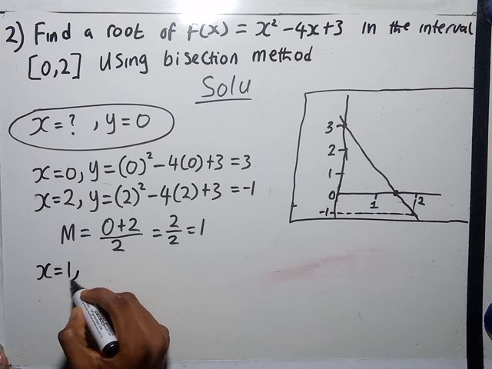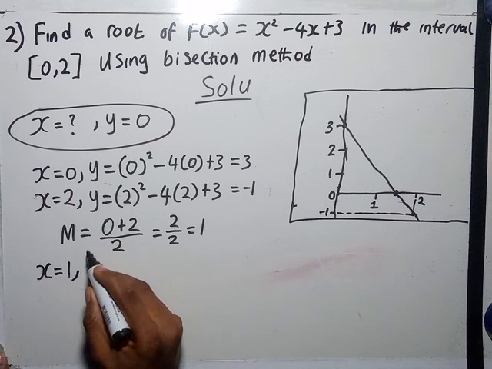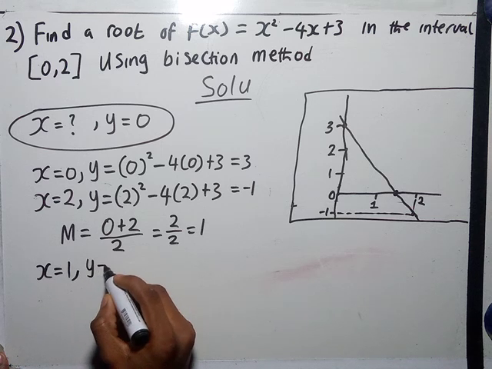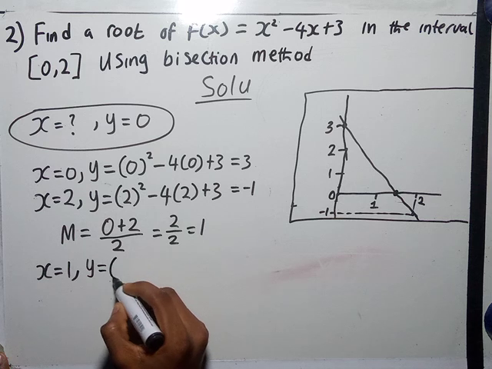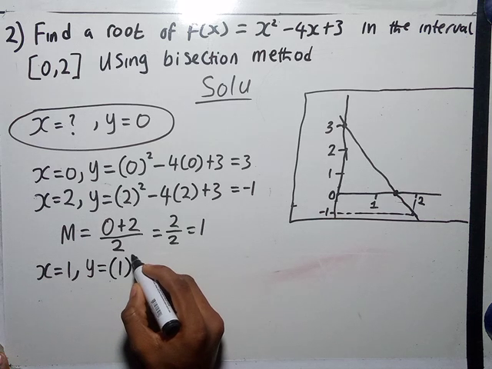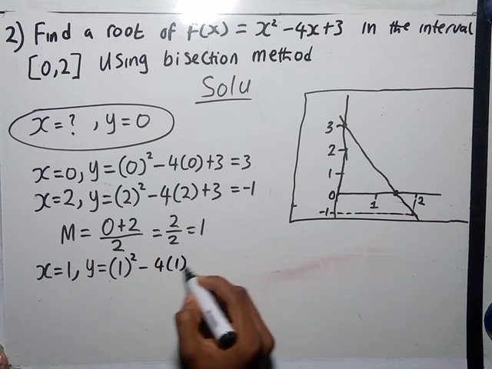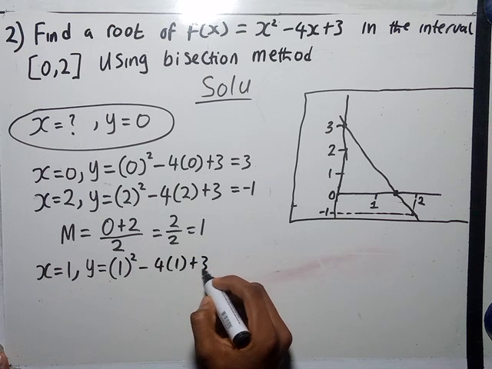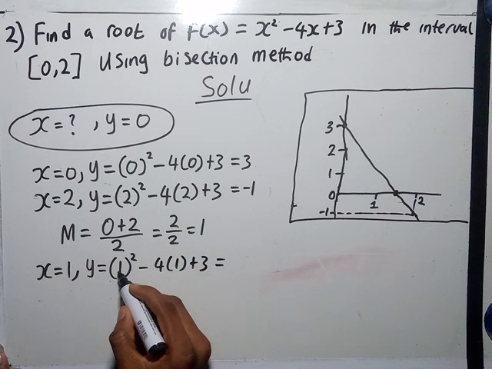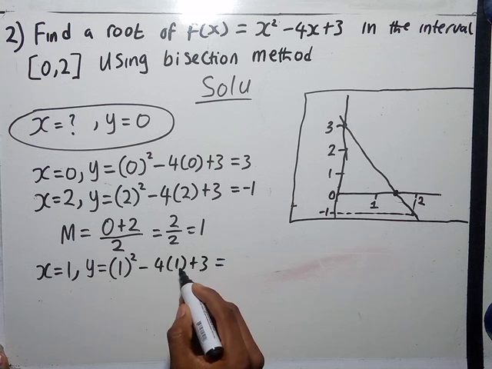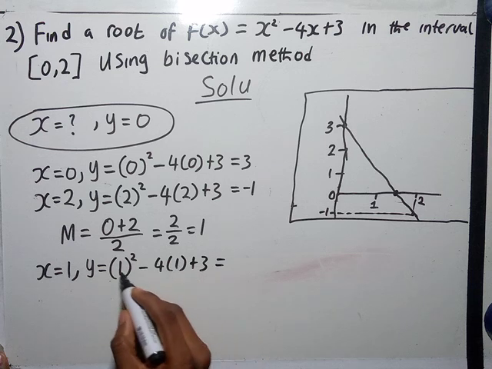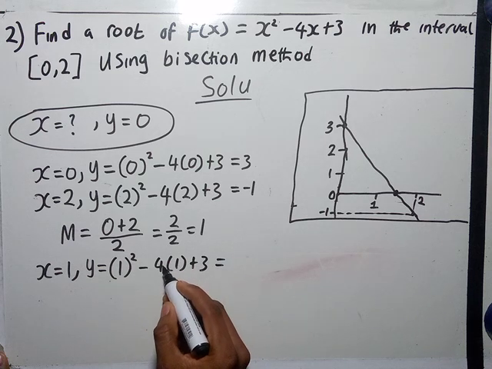Now what is y when x is now 1? We have 1 squared minus 4 times 1 plus 3. 1 squared is 1. 4 times 1 is 4. So having 1 minus 4, which is minus 3.